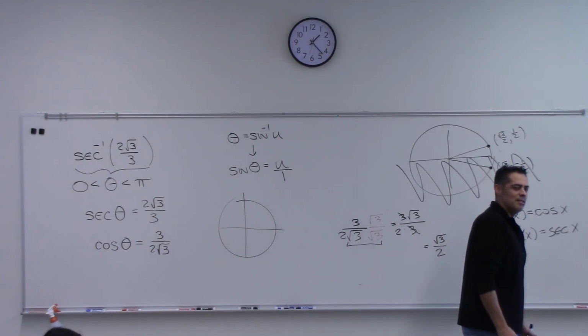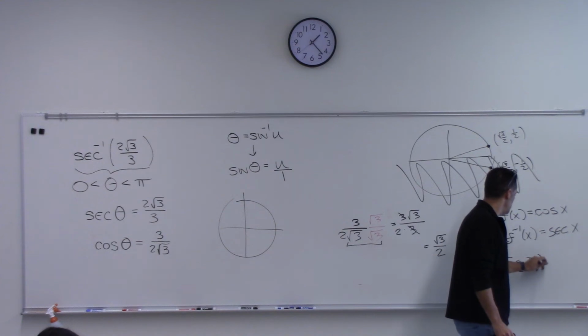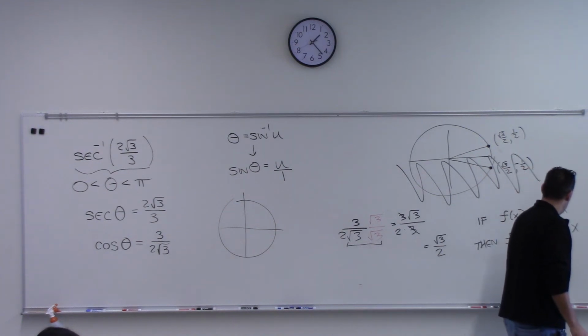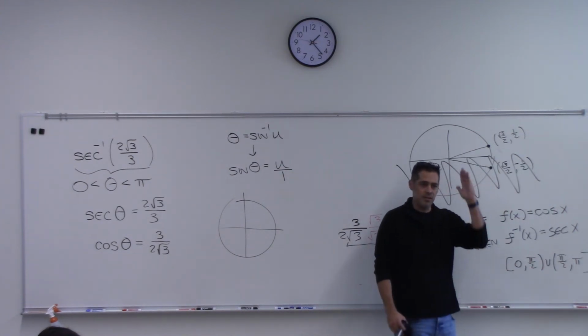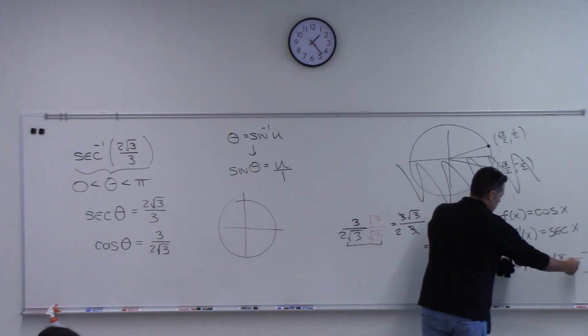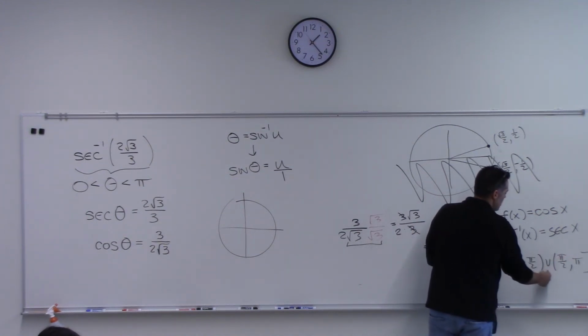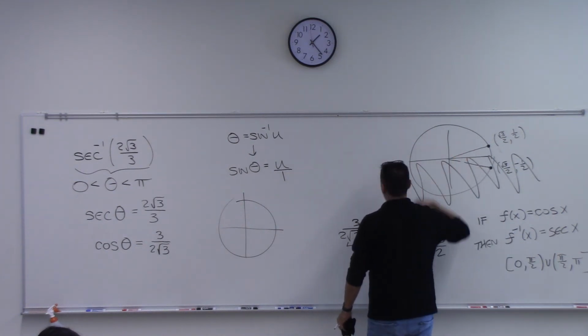Yeah, it was 0 to pi over 2 union pi over 2 to pi. So basically the only time we ever run into a problem is at pi over 2 because you get division by 0. But the domain restriction is pretty much from 0 to pi except for that one number. So that's why we have to be between here and here.